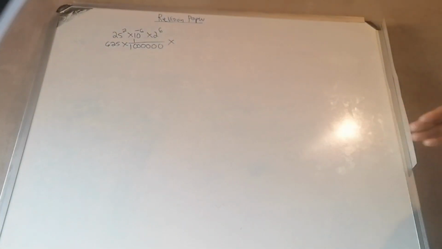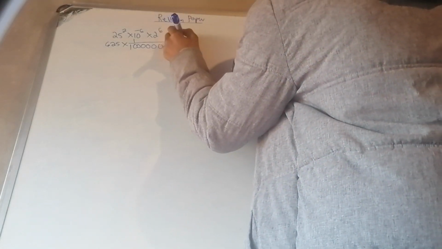Because of that 6 again. They multiply aka 2 to exponent 6. Ke bokae 2 to exponent 6? 64.